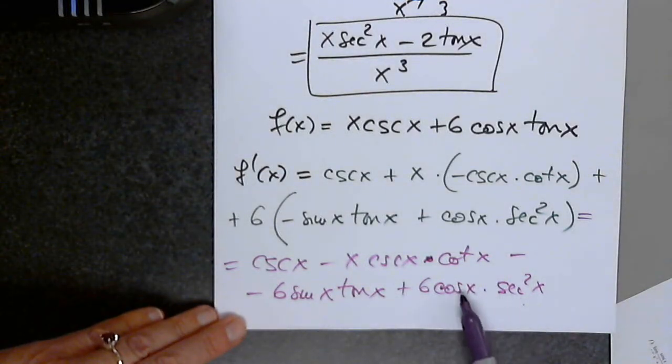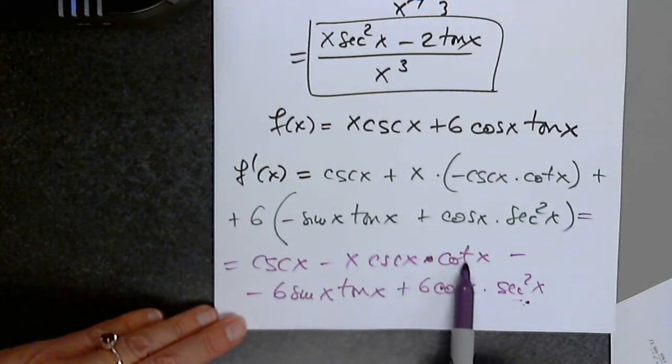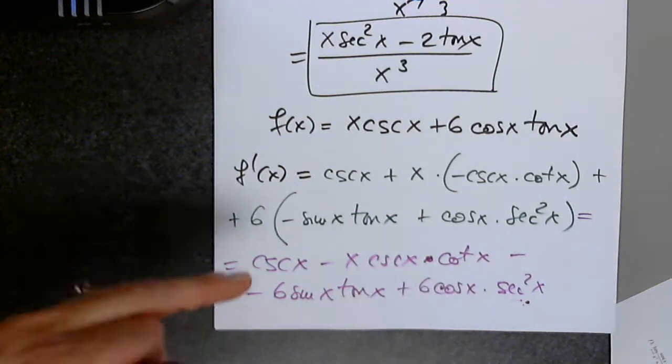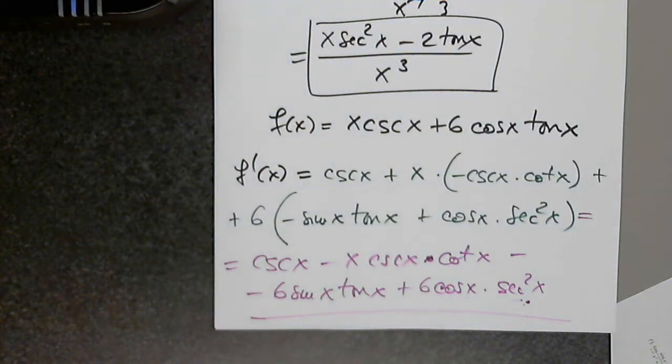I could simplify here because this is 1 over cosine squared. Cosecant is 1 over sine and cosine over sine, not that much. It can stay as is. There's nothing else we need to do.